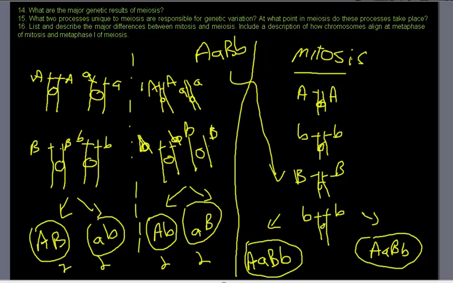Big A, big B, big A, little b. So independent assortment. All right, so those are the big overview questions, and then some of the other questions in this chapter are designed to make you think a little bit, knowing what's going on with the chromosomes, asking you some questions that make you apply that information.